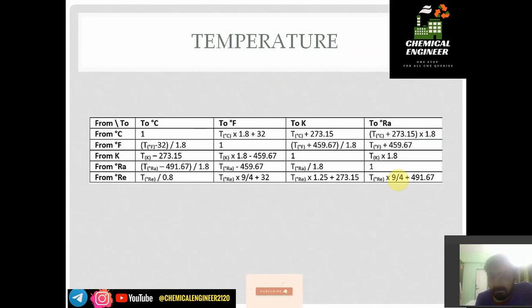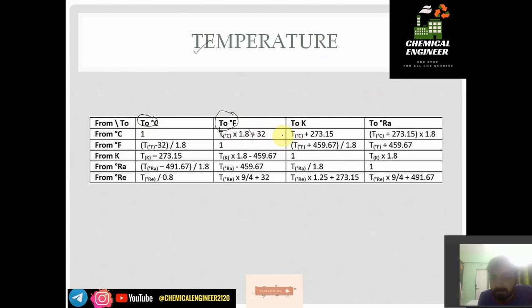So this is a table, and in this video we will just see how to convert from one unit to another. The first quantity is temperature. To convert degree Celsius to degree Fahrenheit, we multiply degree Celsius by 1.8, that is 9 by 5, and add 32, which we all know.